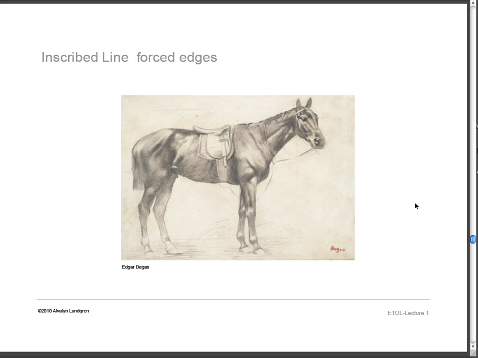Whereas we look at this Degas drawing and we see where the horse actually starts to be sculpted out of the paper. It's still a two-dimensional image, but it represents a volumetric thing. It represents a three-dimensional form throughout most of its existence. So the top half is very volumetric, and here it's very cartoon-like.